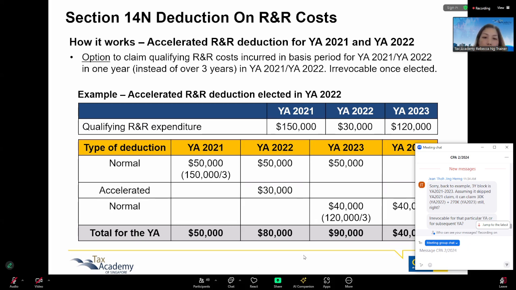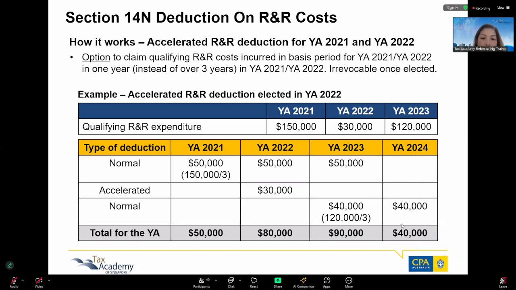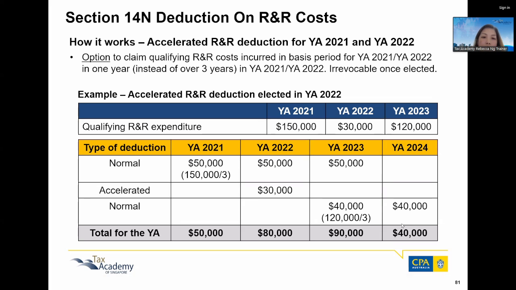Just now there was a question saying that if in YA 2023 I can claim the accelerated, I can make this into 120,000, but I have to consider what my election was in the earlier years. Because if the company has expenditure in the earlier years, we also have to take into consideration the treatment for the earlier years to compute the amount in YA 2023.